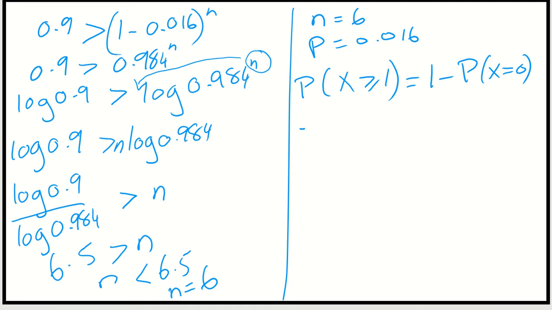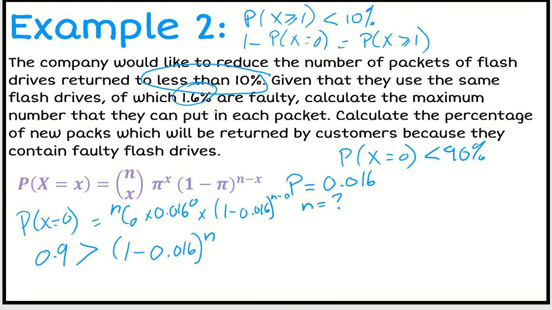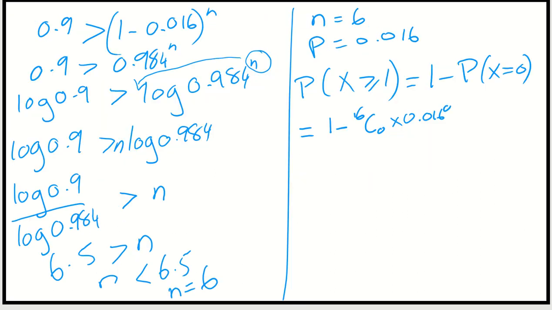Okay, so we're going to get 1 minus, and we do need to do n, which is 6, choose 0, times the probability, 0.016, to the power of, it's to the power of x, so that's to the power of 0, times 1 minus the probability to the power of n minus x.